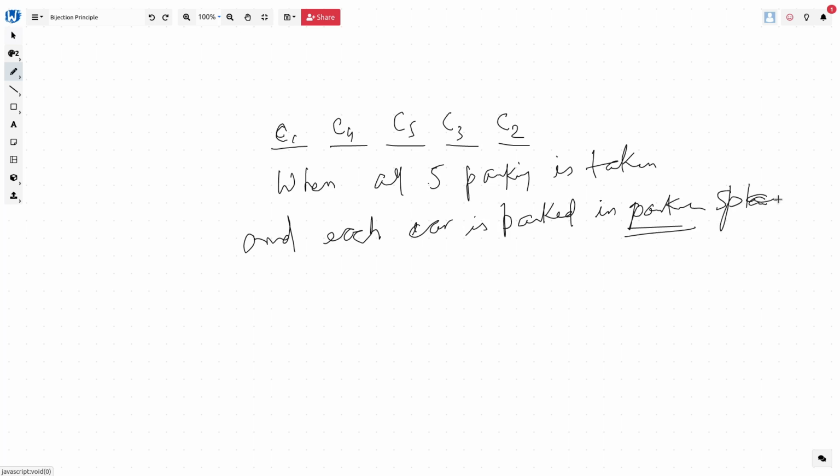So if we know that and we say that the car parking is full, then we can clearly say that there are only 5 cars because there are only 5 parking spaces, right? So this is one of the basic examples of the bijection principle.